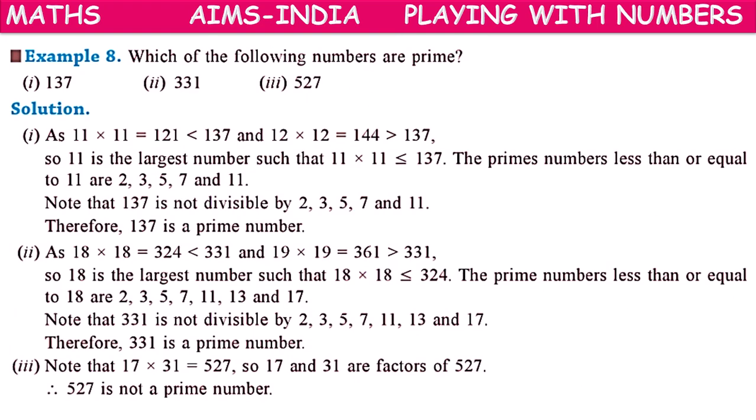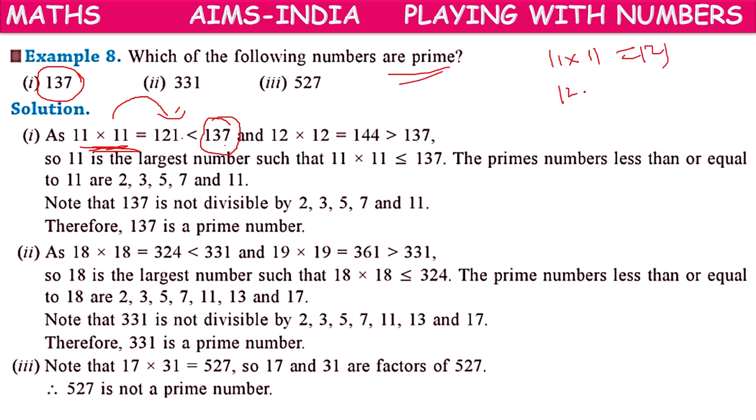So here, let's try to understand with one example, children. Which of the following numbers are prime? We have 137 here. We have to find a product of two same numbers whose value is close to 137. Suppose 11 into 11, 121.